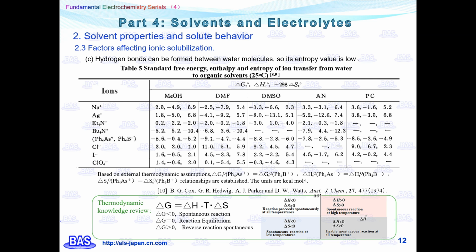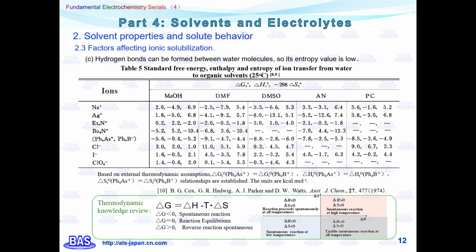However, when hydrophobic large ions such as tetraalkylammonium ions and tetraphenylborate ions enter, the water molecules will further combine with each other in their distant surroundings to increase their hydrogen bond structure, making their entropy decrease.